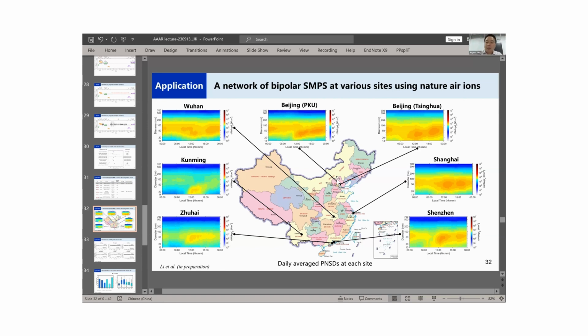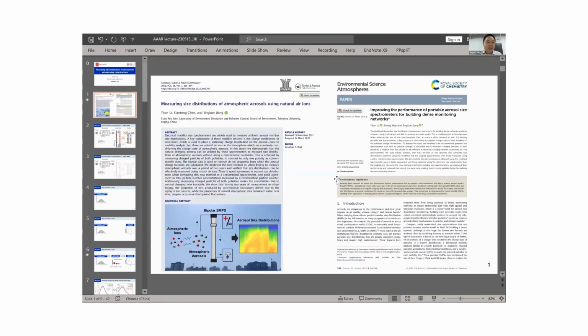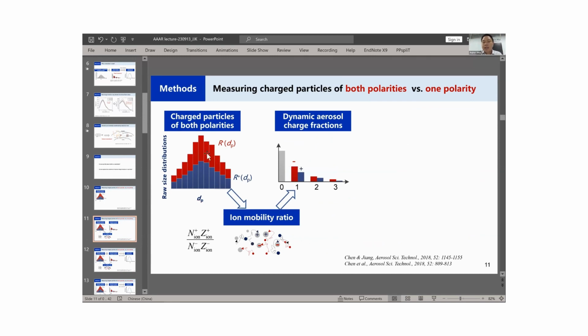The key thing behind this plot, as addressed here, is that charging is a competition between these bipolar ions and the particles. And we know the ions are changing dynamically. As a result, I don't believe we have a fixed stationary charge distribution for a given typical system.